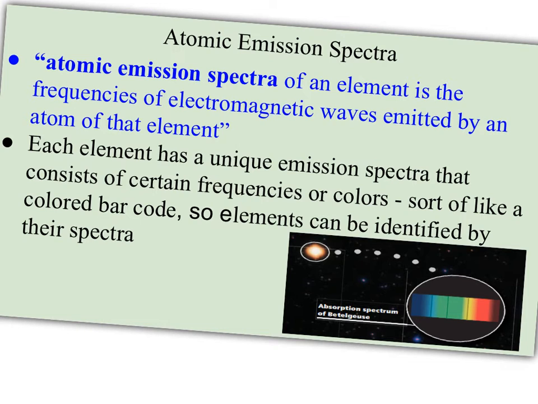I've included a small graphic here of the spectra emitted by Betelgeuse. This is actually its absorption spectra, which we will also talk about. It allows scientists to identify the different gases and elements that different stars have, and maybe identify what stage of life a star is in, etc. So it certainly has a lot of application in various sciences.